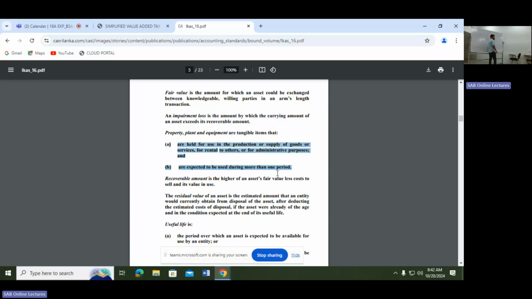You must know this. So the income statement and other comprehensive income statement.